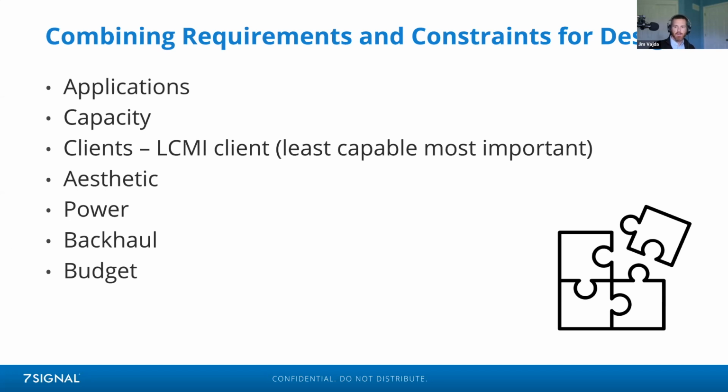Budget is of course probably the most significant constraint that we've got. Can we build and design a network with the available budget that meets all the application and capacity requirements that we have in the network? And there's more, right? There's more, and all these things are different puzzle pieces when it comes to Wi-Fi design and evaluation.